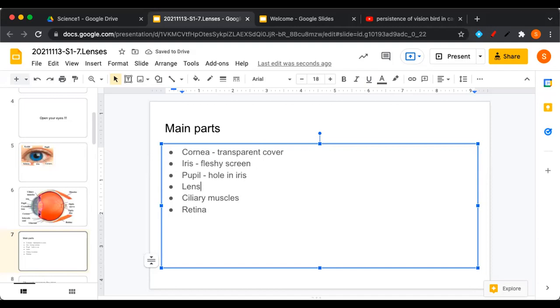Lens is crystalline and convex. Ciliary muscles hold the lens. Retina is the screen, with rod cells and cone cells. These are the main parts.